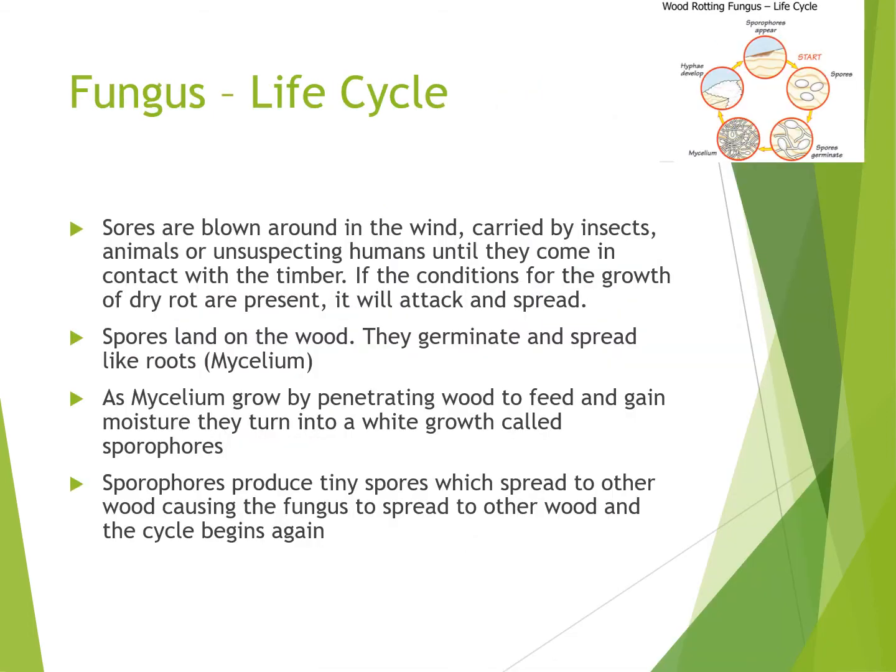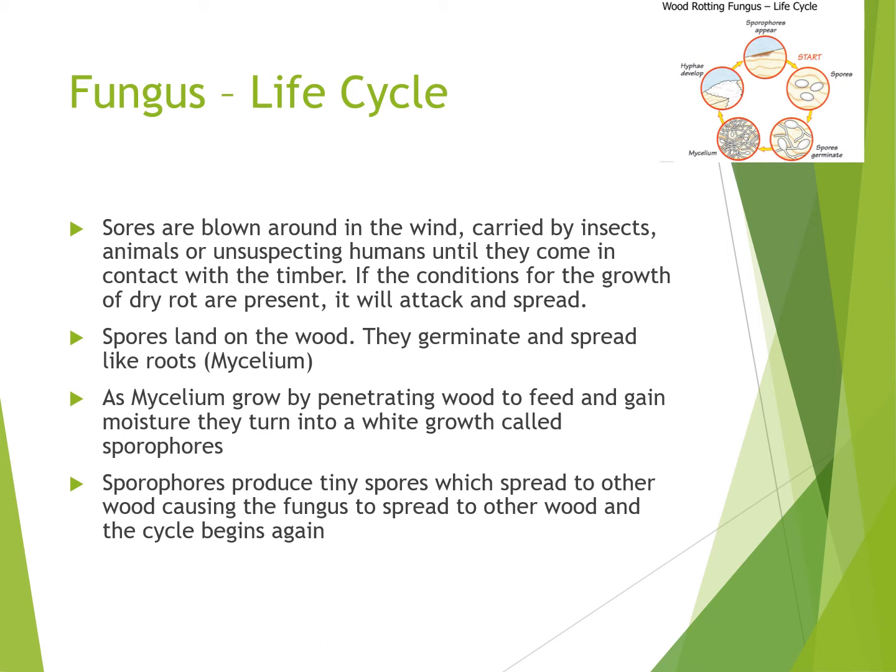Okay, so the spores are blown around in the wind, carried by insects, animals, and unsuspecting humans until they come in contact with the timber. If the conditions for growth of dry rot or wet rot are present, it will attack and spread. So spores land on the wood, they germinate and spread like roots. The mycelium grow by penetrating the wood to feed and gain moisture.